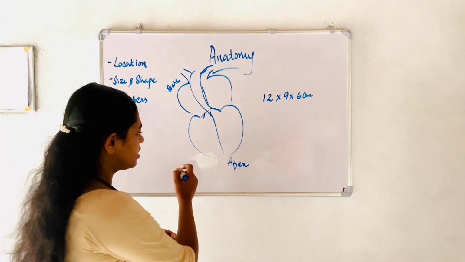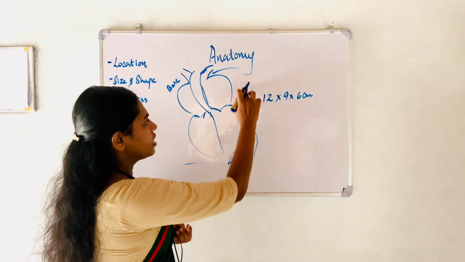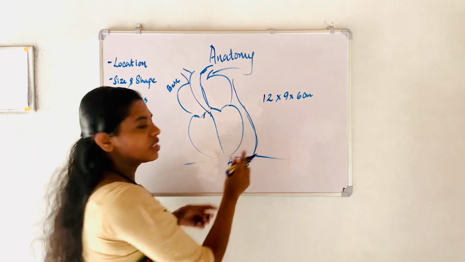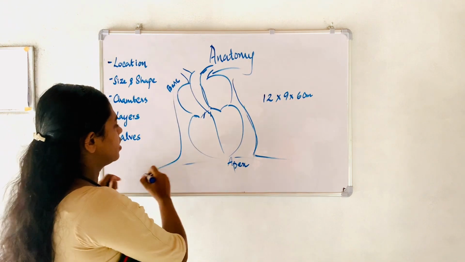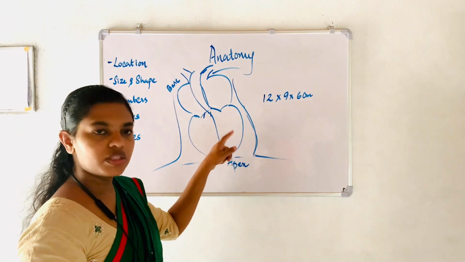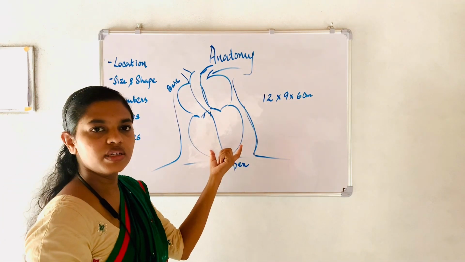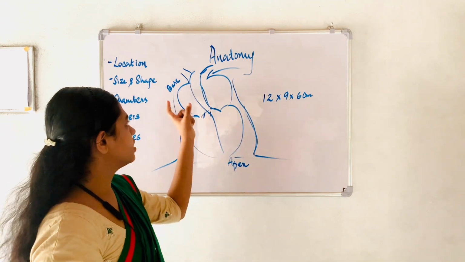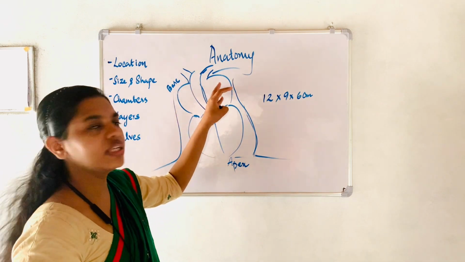So here is the diaphragm, here come the lungs. The left lung has an indentation here because of the position of the heart. Here is the right lung. So it is cone shaped, and the cone portion or the apex is formed by the left ventricle, and the right ventricle is in the anterior portion, and the upper portion is formed by the left and right atria.